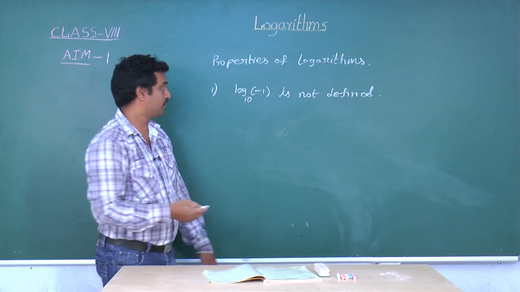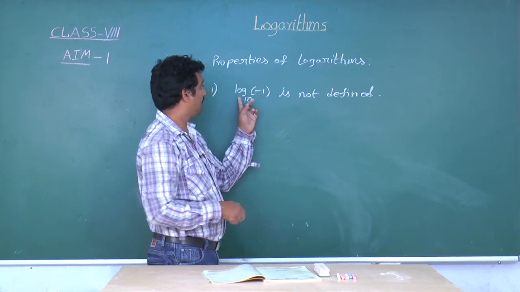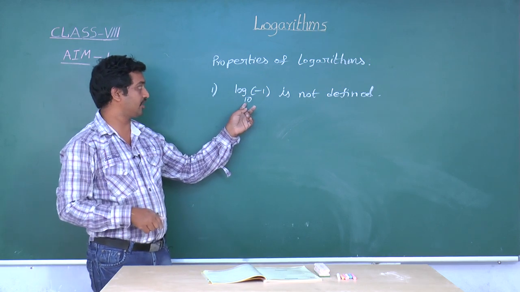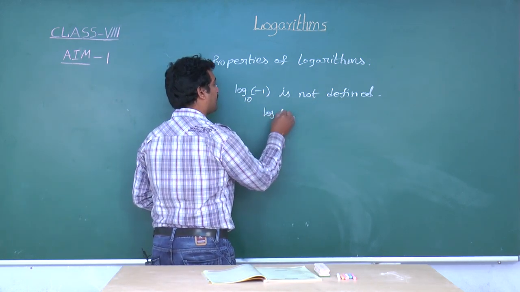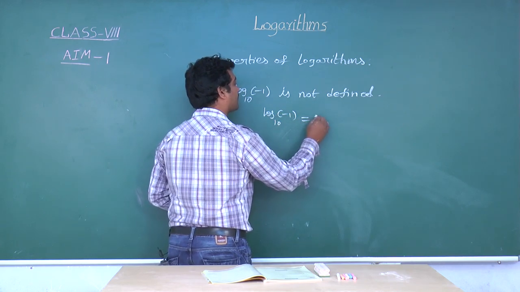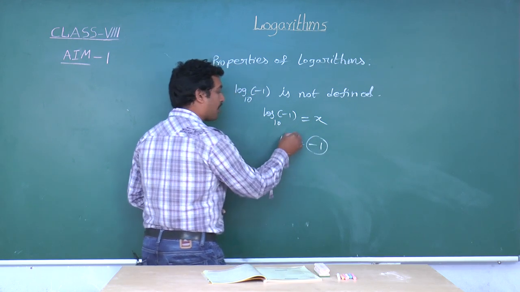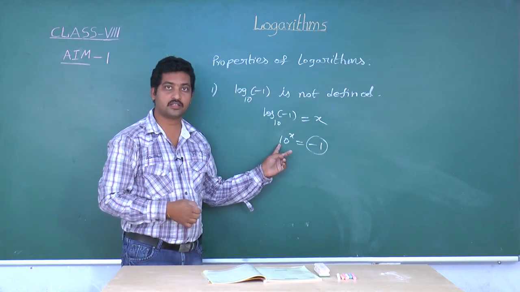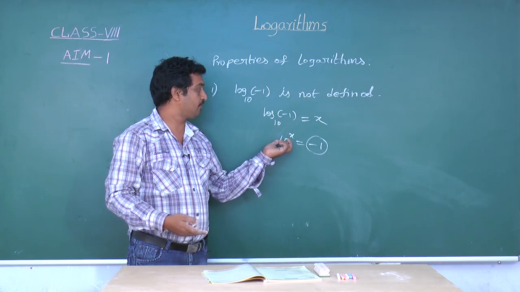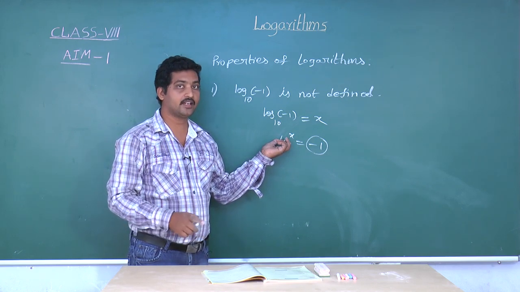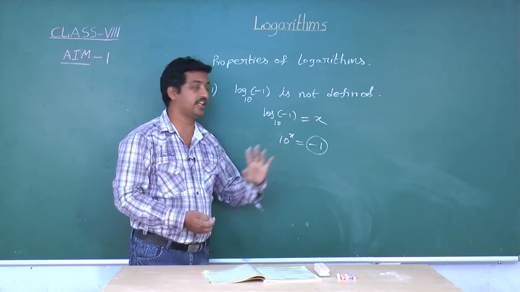Why? Because under the real numbers, I am stressing, children, logarithm of minus 1 to the base 10 is not defined. Because if you take log minus 1 to the base 10 is equal to some x, 10 power x is equal to minus 1. Is it possible, children? Not possible, because we can't get any x such that a positive number raised to a power is negative.